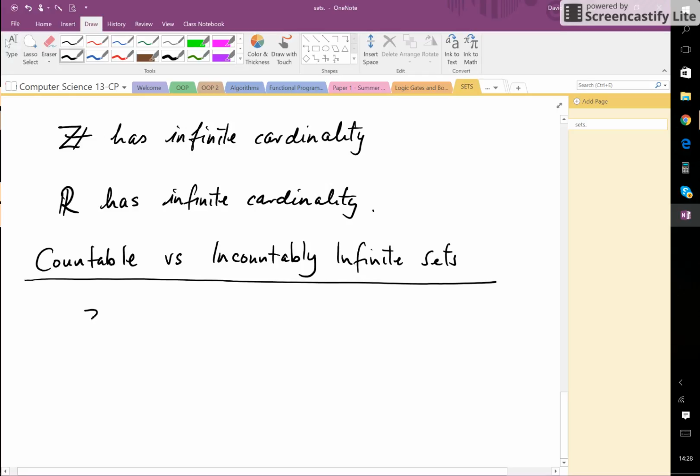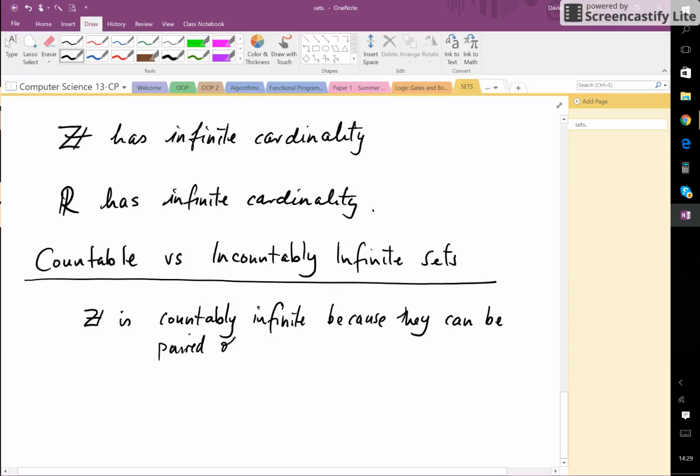Okay, so Z is countably infinite because they can be paired off with the integers.